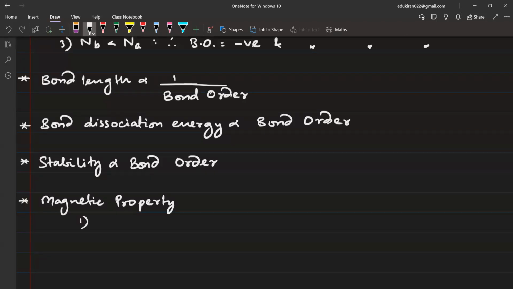There are two cases here. Number one, when all electrons in molecular orbitals are paired, then it is going to be diamagnetic.